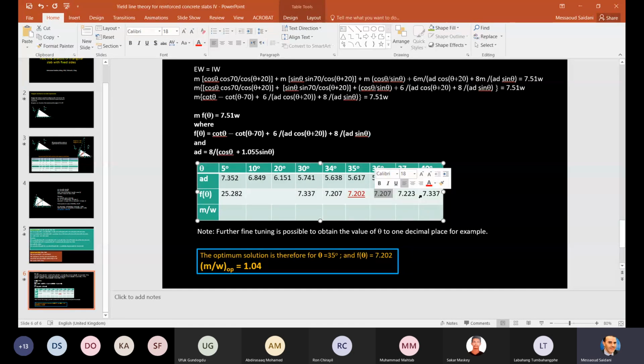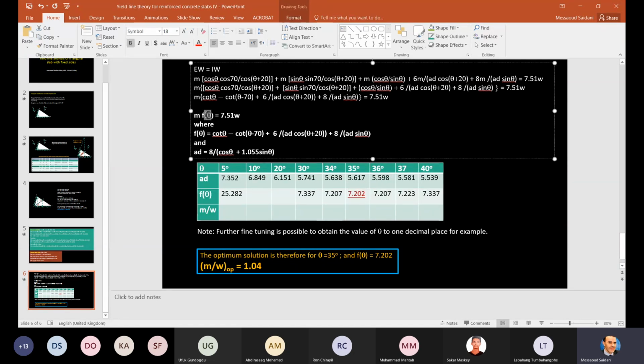So it starts increasing again, okay? And therefore, the conclusion is that this is the optimum value, between 34 and 36, right? So therefore, the optimum value is for theta equals 35 degrees, giving a value of f theta of 7.202, which you can substitute here, okay?